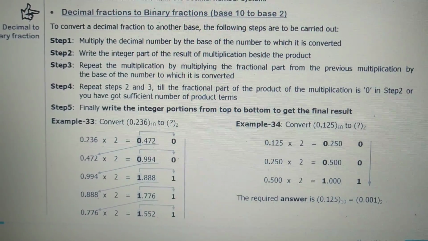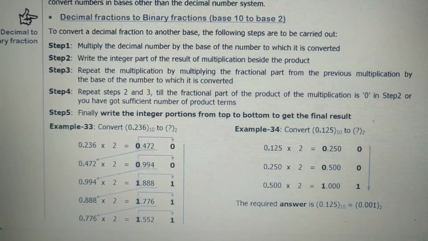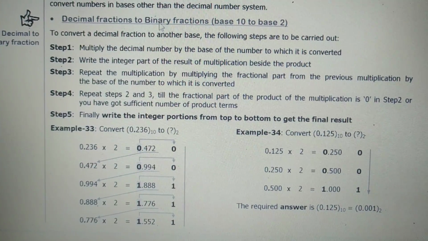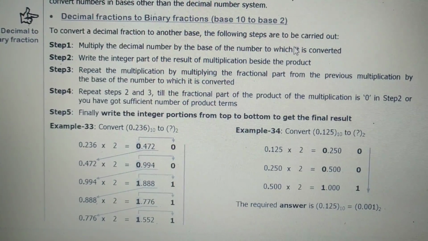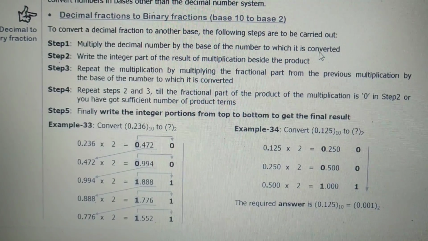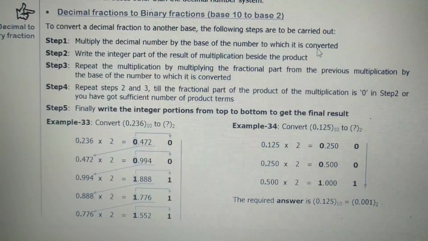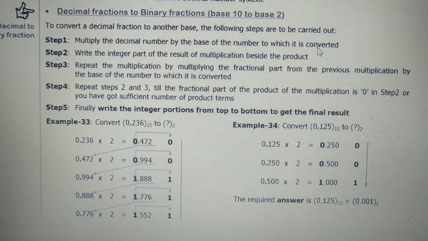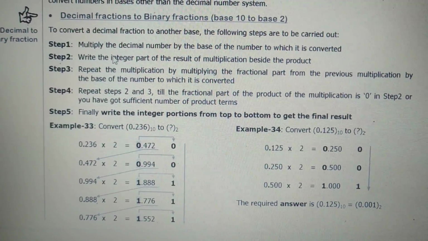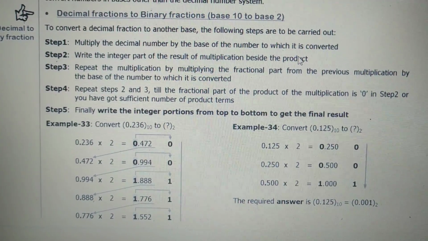So let's first revise the steps and then we will conduct the examples. First step: multiply the decimal number by the base of the number system to which it is being converted. Previously for the whole number we were dividing, and now for fractional numbers we multiply with the base value. Second: write the integer part of the multiplication result beside the product.